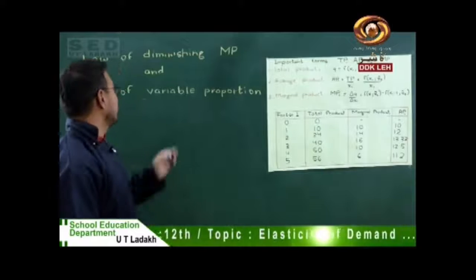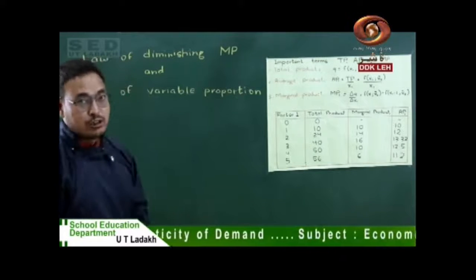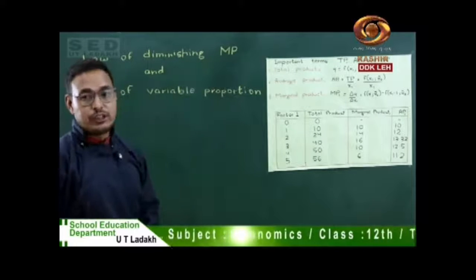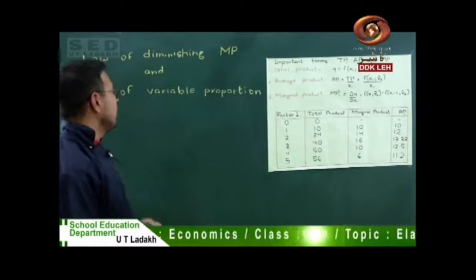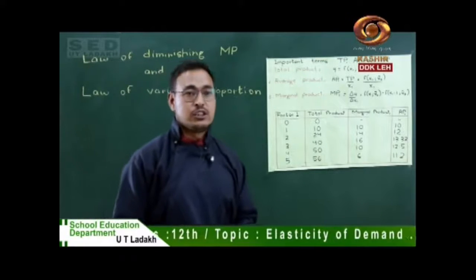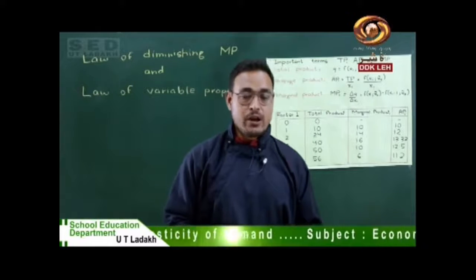So lastly, we will be giving a brief introduction to two important laws, which are the law of diminishing marginal productivity of labor and the law of variable proportion. These are the two laws which are used to determine your short-run production.